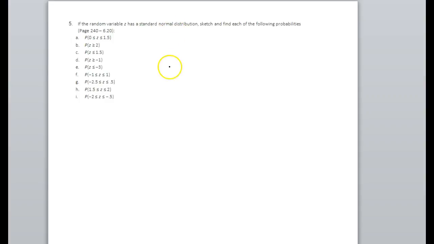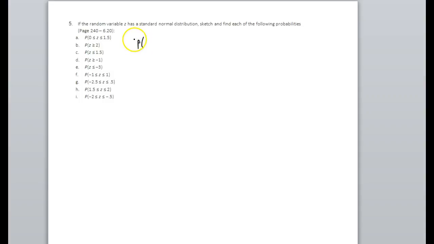Okay, so A is saying find the probability of 0 is less than z is less than 1.5. And all that's saying is what's the probability that z falls between 0 and 1.5.